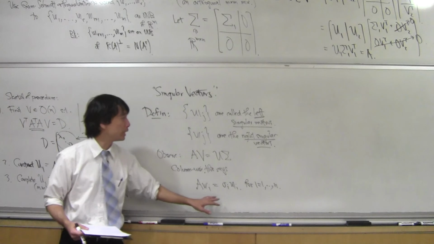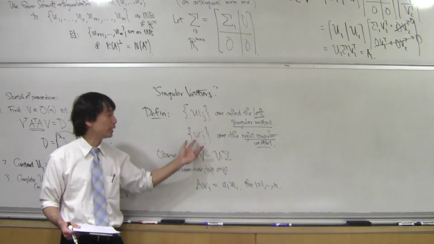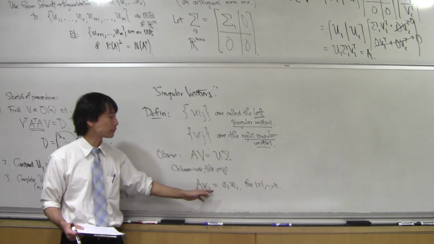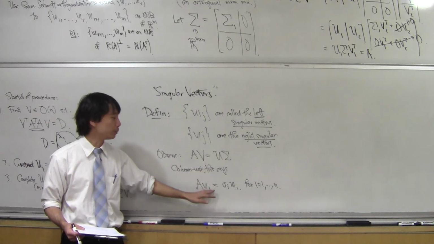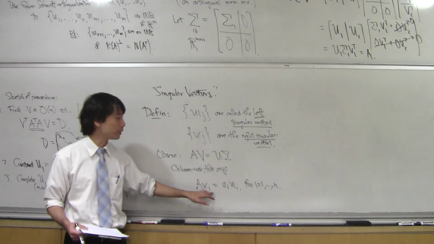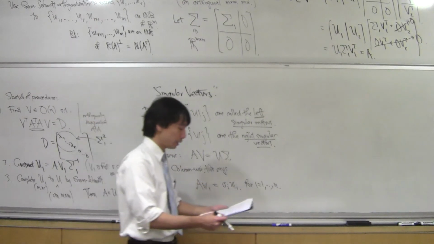So there's actually a relation between the left singular vectors and the right singular vectors. If you have the right matrix, you can make some of the left matrix.